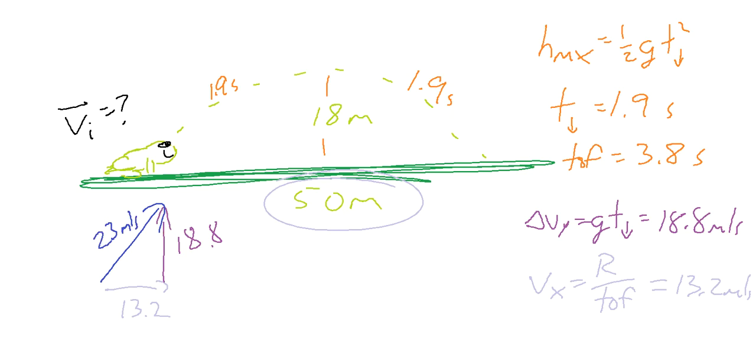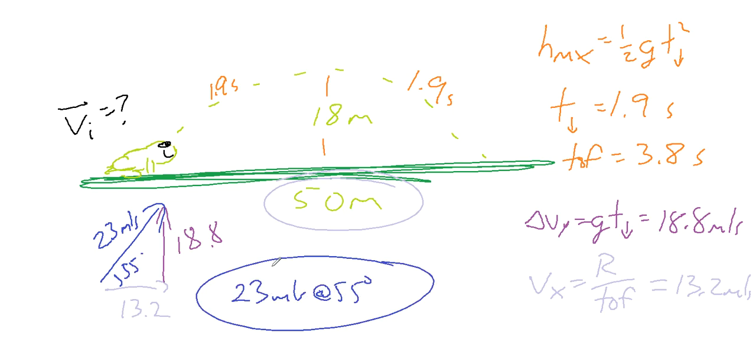So I'll use a little Pythagoras. We get an overall velocity of 23, and then we'll do a little trig to get the angle, more than 45. We punch that out, we get around 55 degrees. So the initial velocity of my frog was 23 meters per second at 55 degrees. That was his takeoff V.